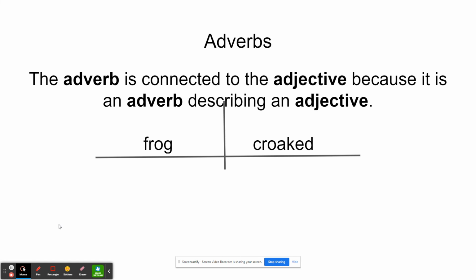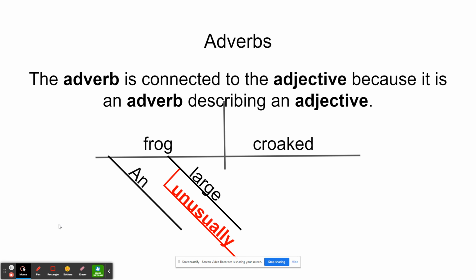Frog. Frog croaked is the core of our sentence. What kind of frog? Large frog. Large describes the frog. It's an adjective. You don't want to put it under croaked. We don't know if the croaking was large. We know the frog is large. How large? Unusually large. Remember, how is an adverb question. So how large is an adverb question telling us unusually large, an adverb describing the adjective large.